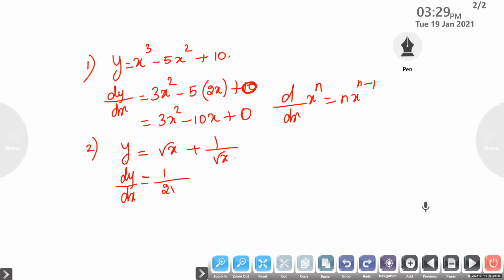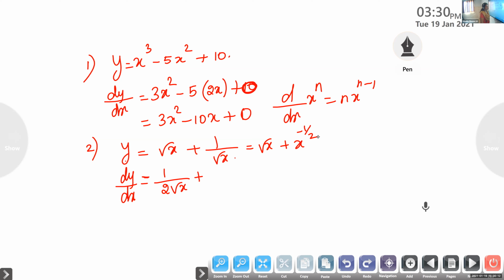Yes, it is 1 by 2 root x plus, what about this 1 by root x? How can we write it? Root means the power is half, isn't it? It is in the denominator, so if you take it to the numerator, it will become x raised to minus half.